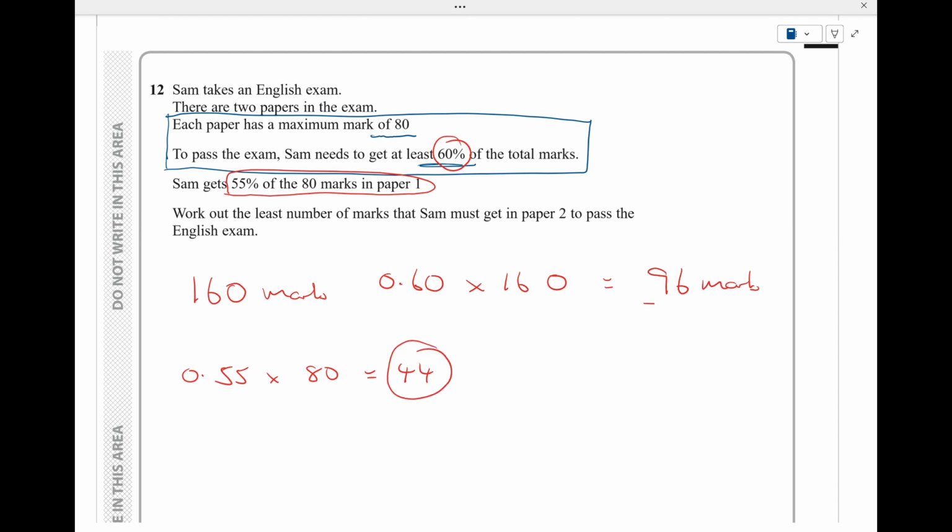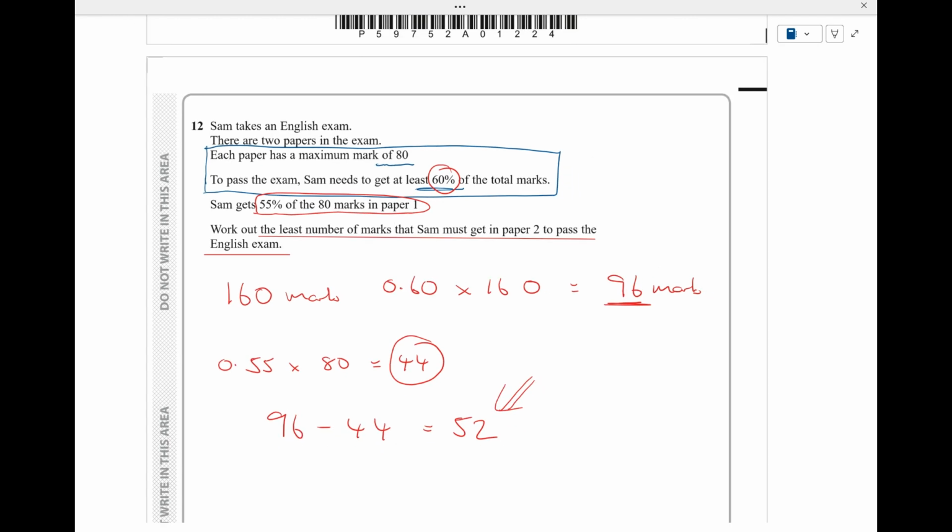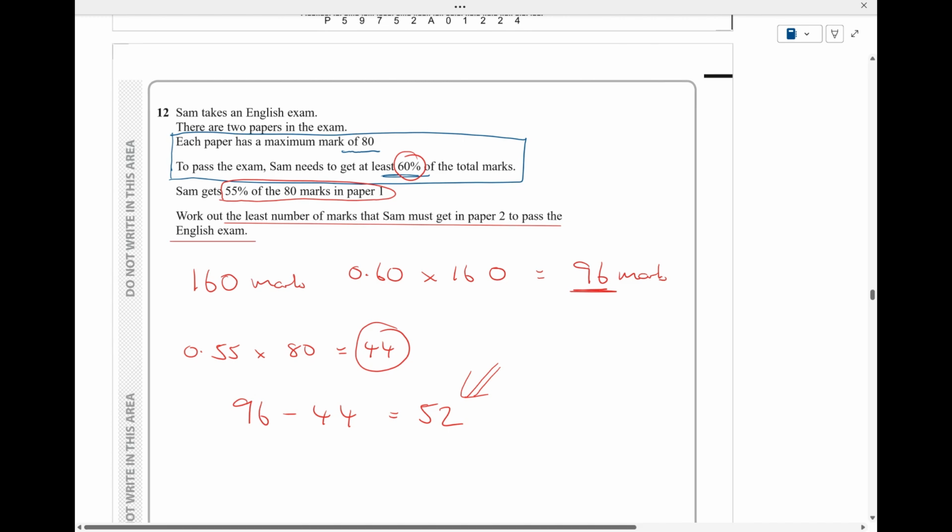So, how many marks do we need now? 96 minus 44. 52 marks needed. So, work out the least number of marks that Sam must get in paper 2. Oh, I've done it, haven't I? Just by kind of guessing what the question would be. 52 marks on paper 2. That's question 12.